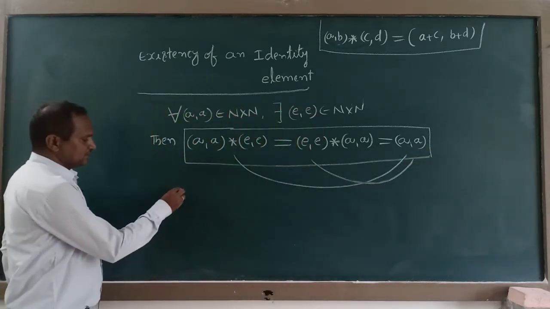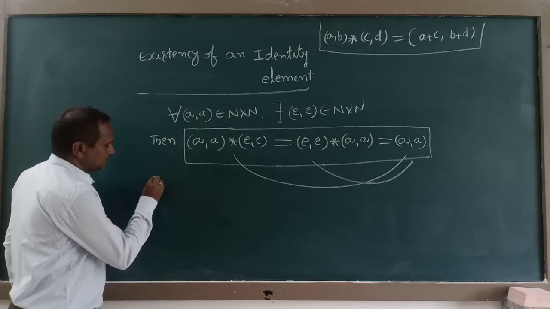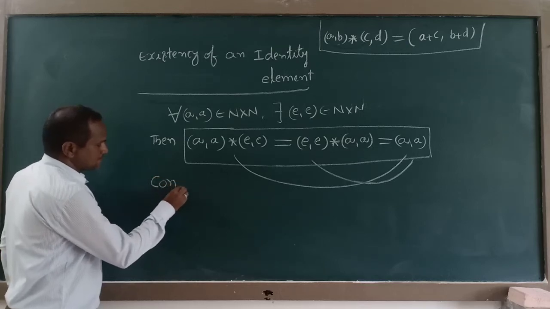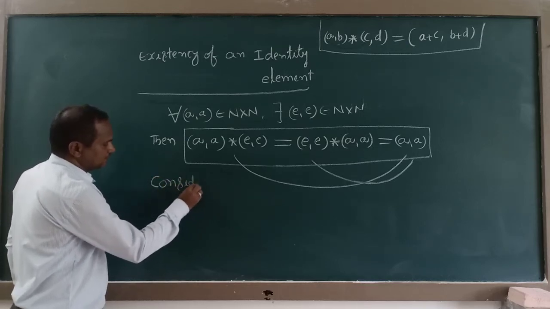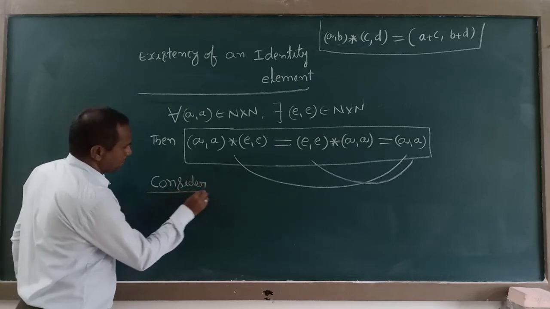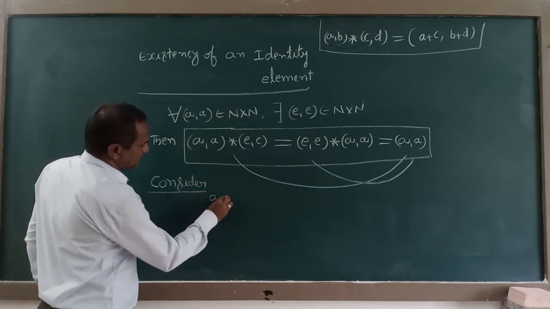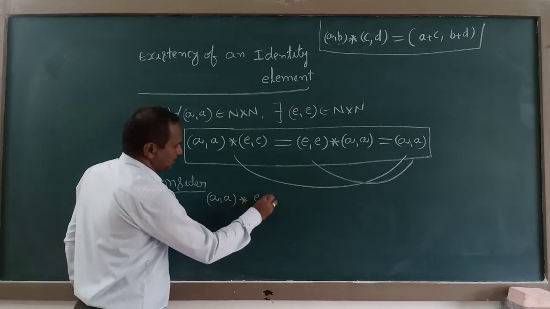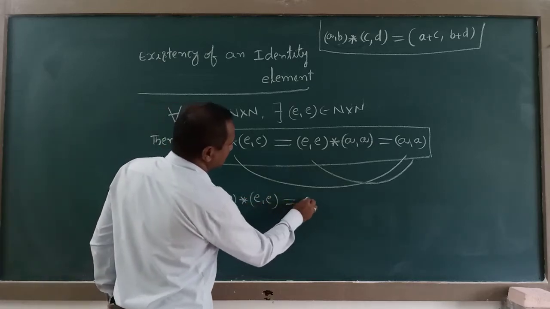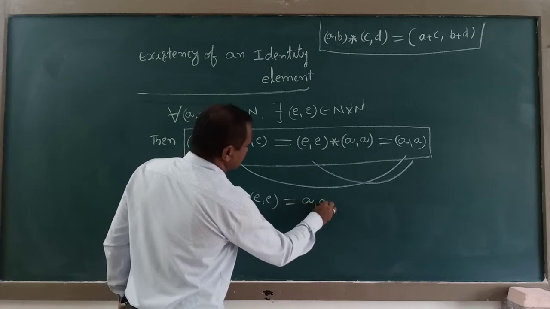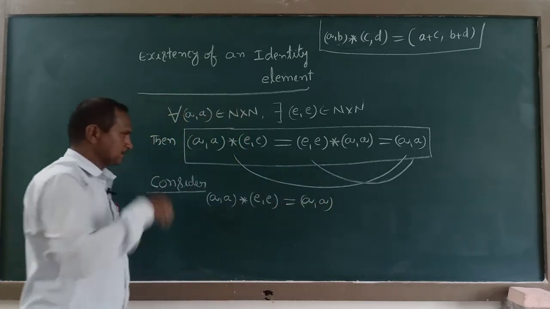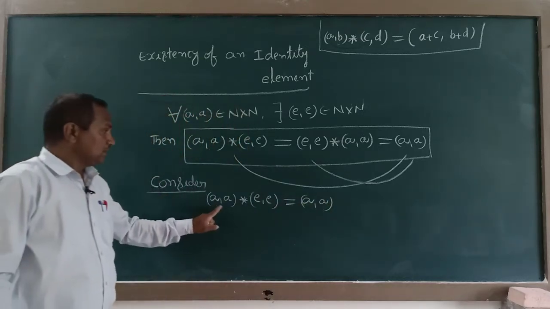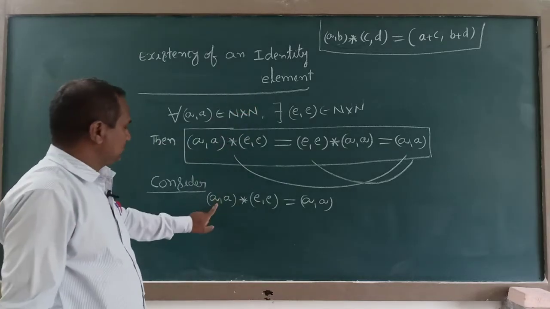First these two values, let's consider A comma A star E comma E is equal to A comma A. First, apply that given definition.